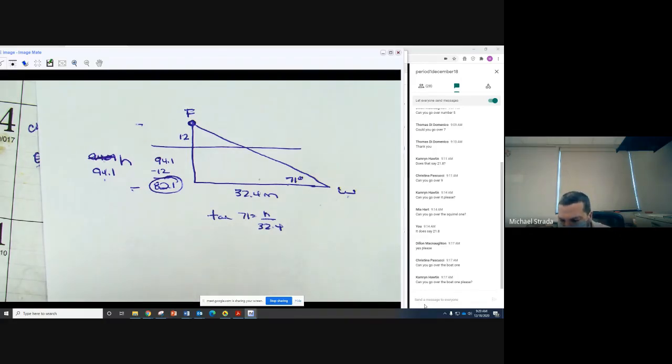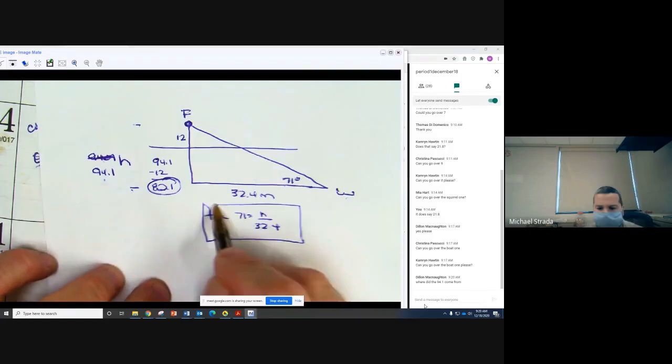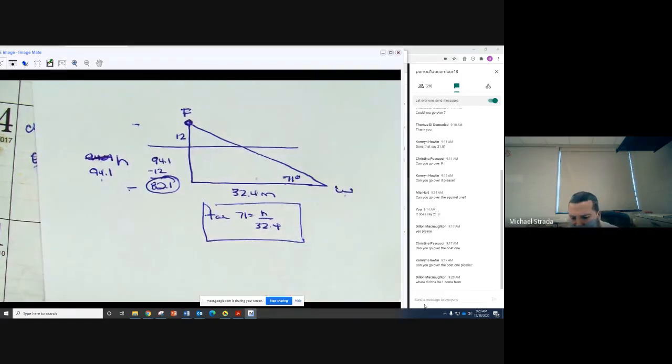All right. Everybody good? Understand all components of it? This one's similar to the one where the 94.1 comes from the tangent. So we need to use the trig to get the height from Fry down to the shipwreck, and then we take the 12 away. So the first part comes from trig. It's similar to the one where they tell you it's above eye level, and you had to add it.